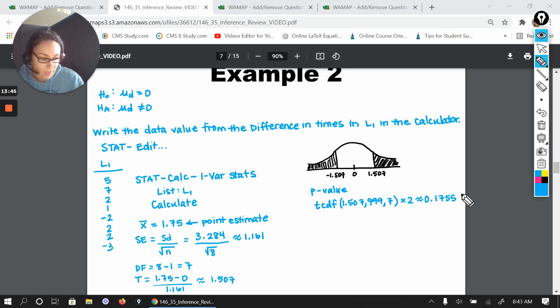Now, since this answer is greater than our significance level of 0.05, that means that we would fail to reject the null hypothesis. In other words, there is no evidence of a difference.